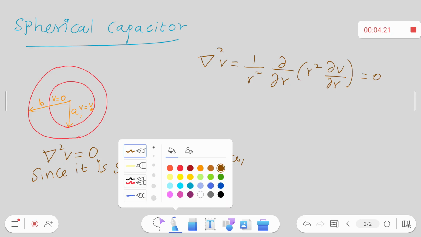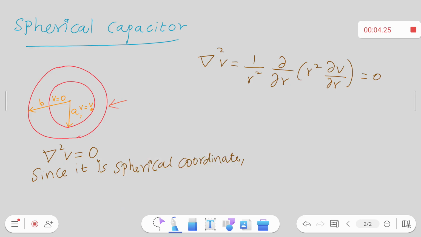So as we know, this spherical capacitor is a function of only radius. As we could see from the diagram, it is function of only radius. Therefore, dou theta and dou phi components are 0, since your spherical capacitor is function of only the radius, inner and outer radius.